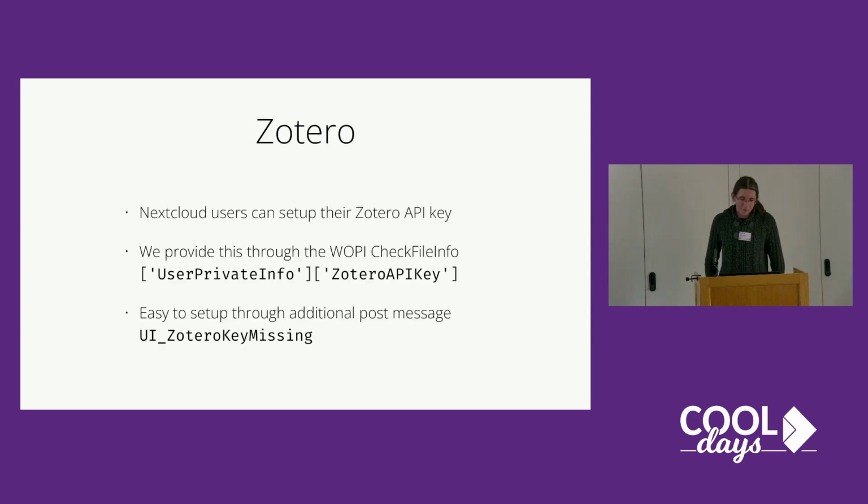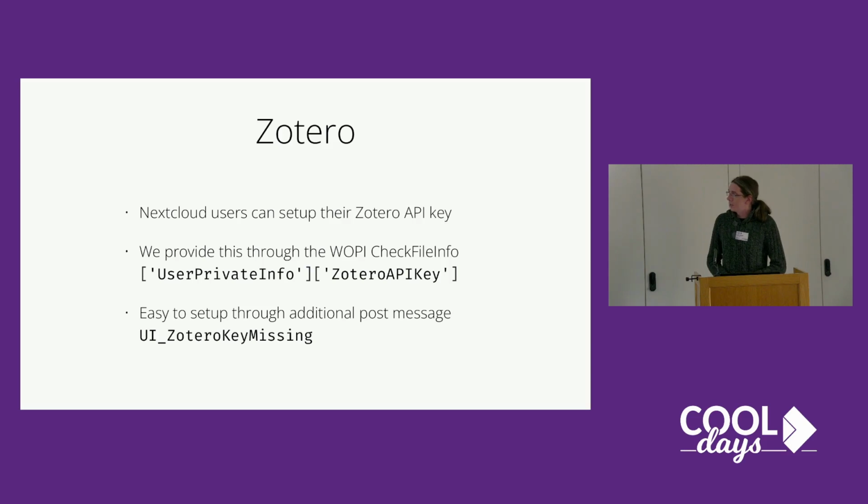Next one, I think there was already a presentation about that, is the Zotero integration. This is quite nice because Collabora itself doesn't have user preferences management. In Nextcloud, we have a dedicated settings section for each user where they can easily configure their API key for Zotero, for example.